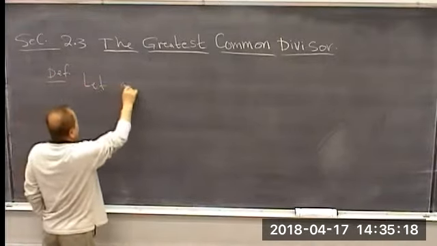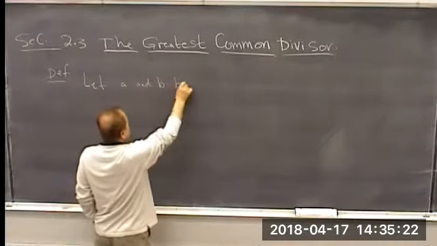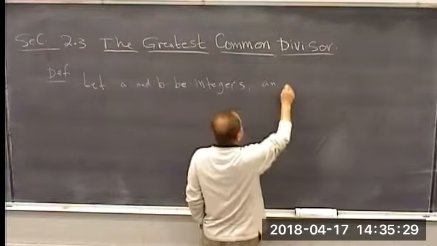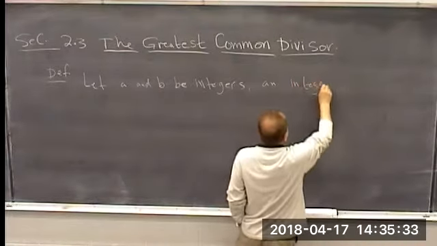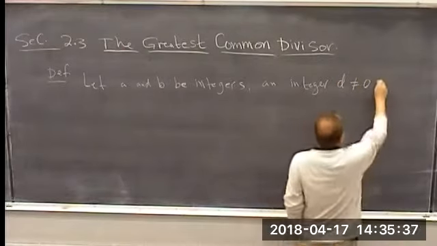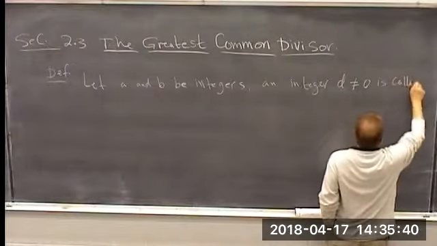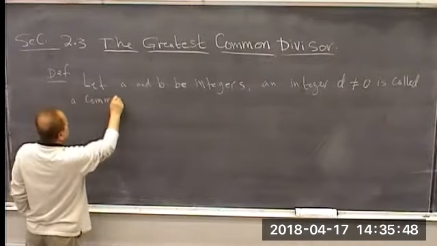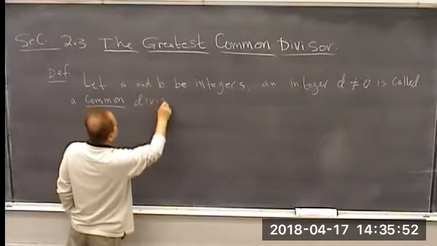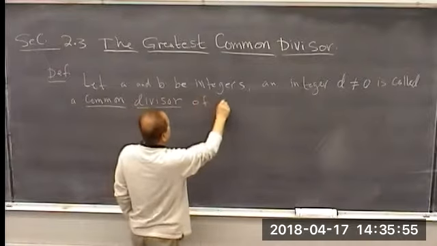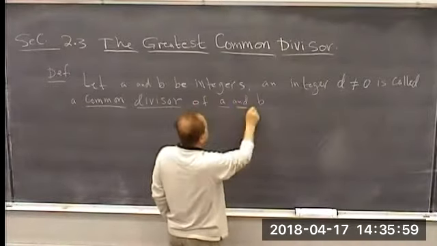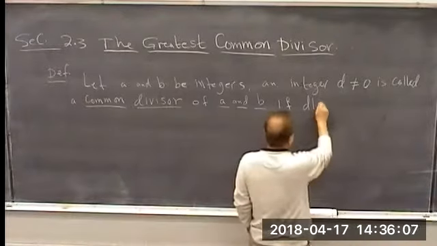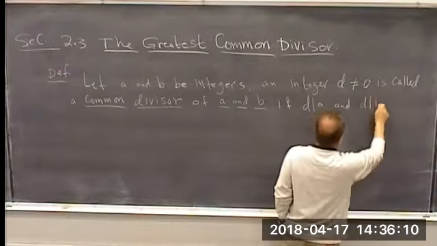Let a and b be integers, and an integer d, b does not equal 0, is called, or is said to be, a common divisor of a and b if, as you would expect, d divides both a and d divides b.